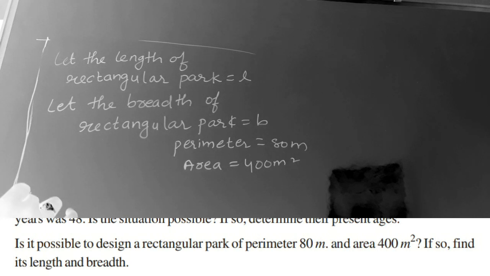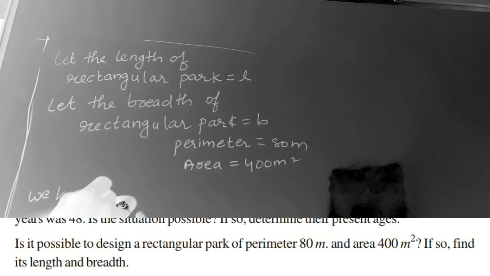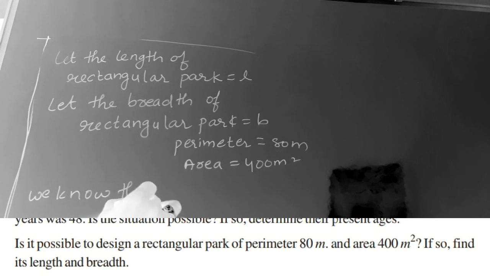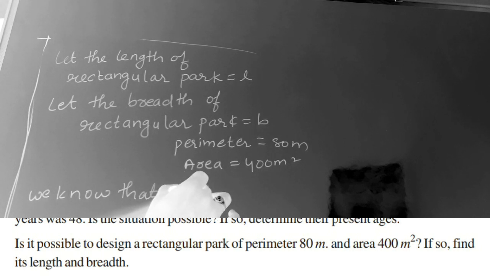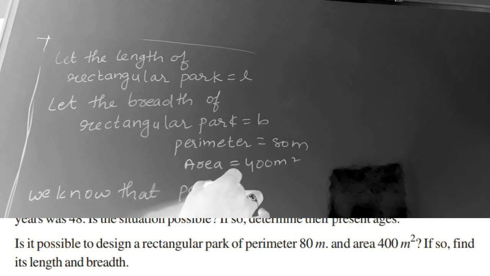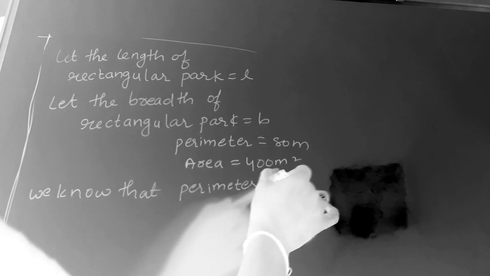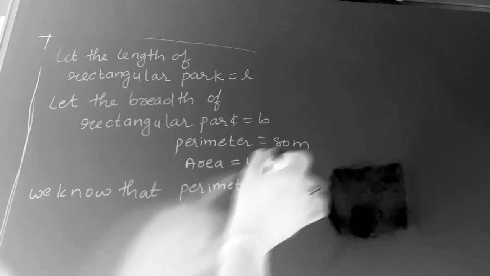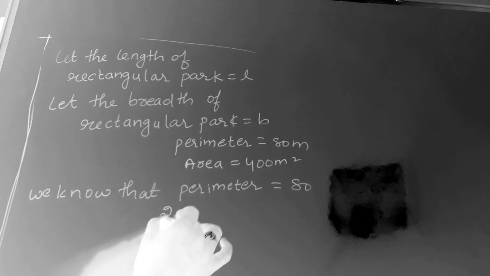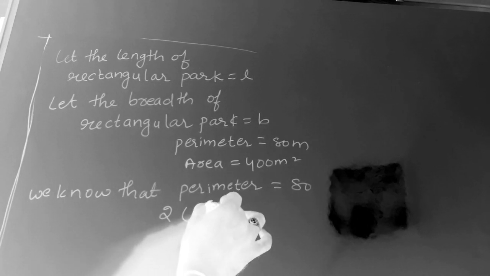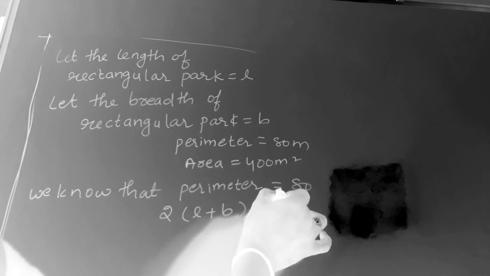So we know that the perimeter of a rectangle is equal to 80, it is given. According to the formula, it is 2 times (L plus B) equal to 80.